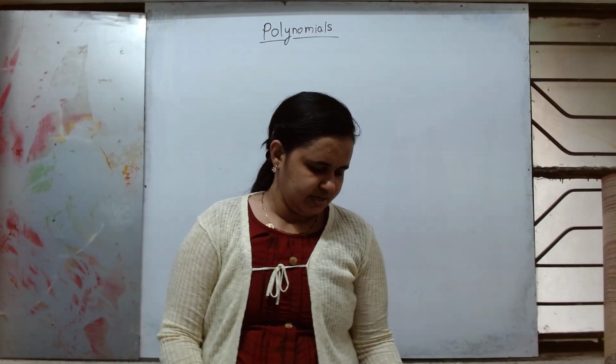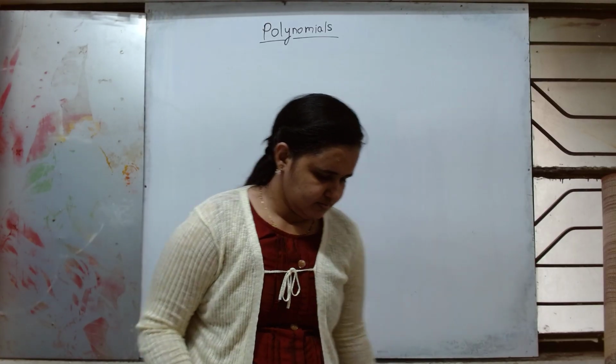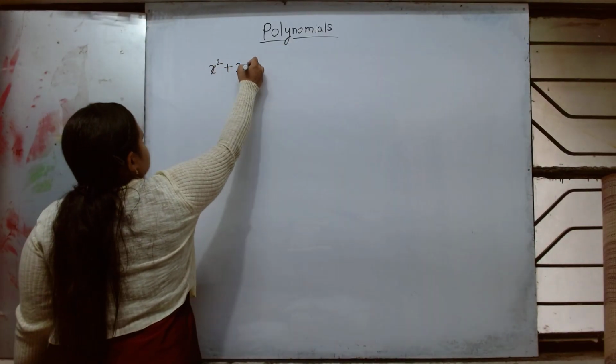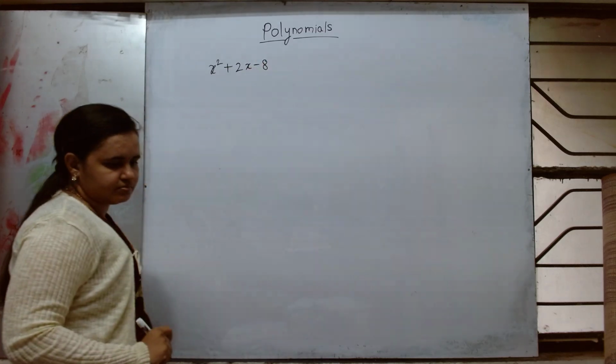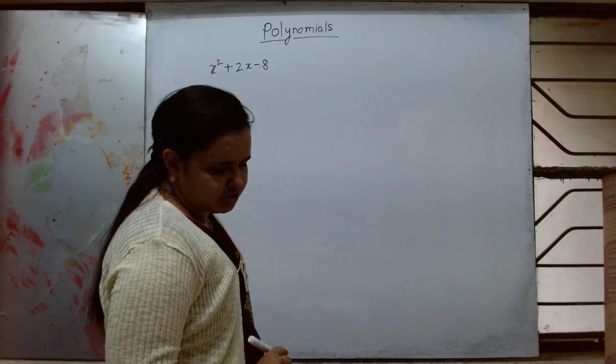Now third one, LCM. We have to find LCM in the third question. It is x square plus 2x minus 8, and the second polynomial is x square plus 4x.